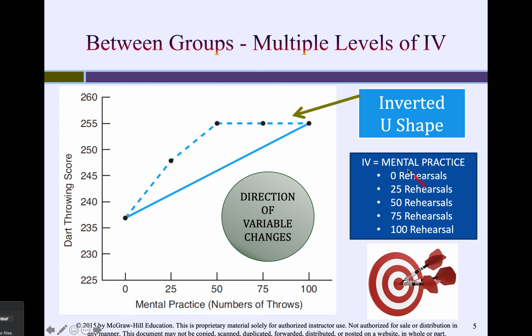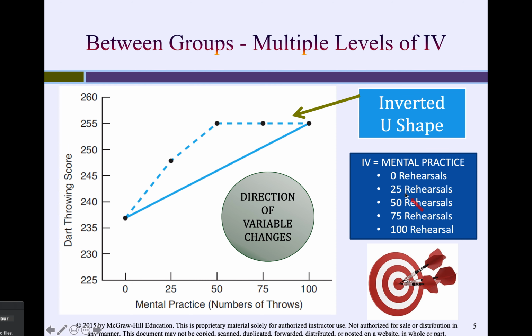So these researchers had 5 different levels or 5 different groups of people. In level 1 or group 1, people were told don't do any mental rehearsals. They were told nothing and just started throwing darts at a board to get a dart throwing score. The second level, independent variable level, was 25 rehearsals.